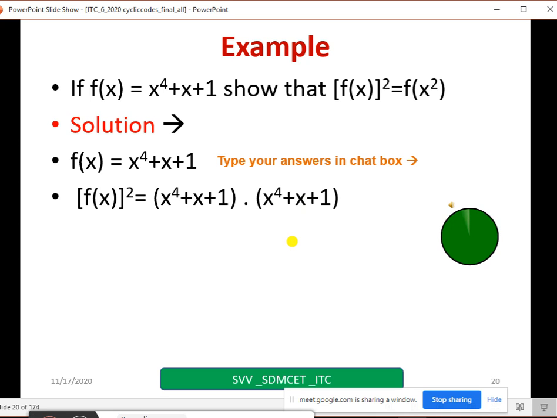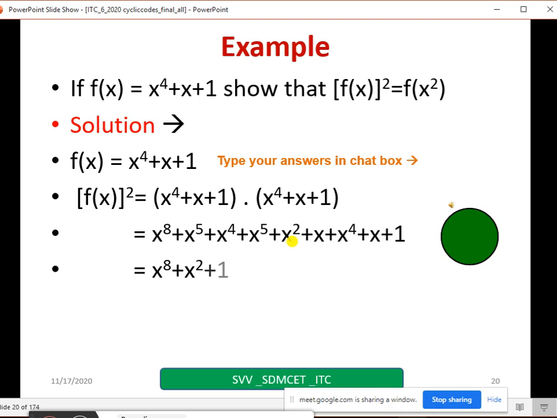Chandrakala has typed, Saujanya, Mallikarjun, Abhirup, Geeta, some names are coming after a long time. Ritika, Shilpa, Tajuddin has typed the same answer. LHS equal to RHS, Chaitra has told, thank you. And Shahasan has got the same answer. X raised to 8 plus x square plus 1.